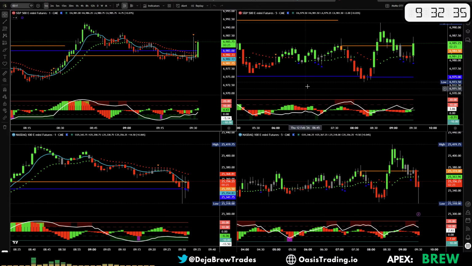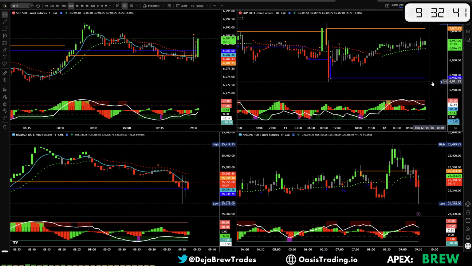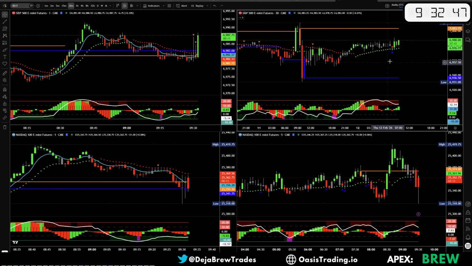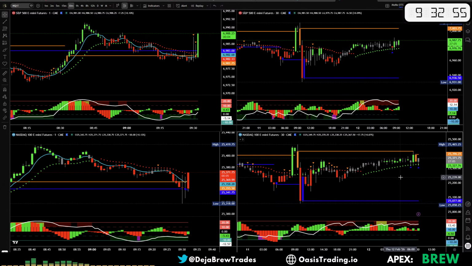For now, the 30-minute trails are holding right in the middle of that range. You had a beautiful pivot to pivot range here. Orange pivot on the high of the range, blue pivot on the low of the range, and now we're right in the middle on that trail. Same thing on NASDAQ: pivot on the high, pivot on the low, trail being held.